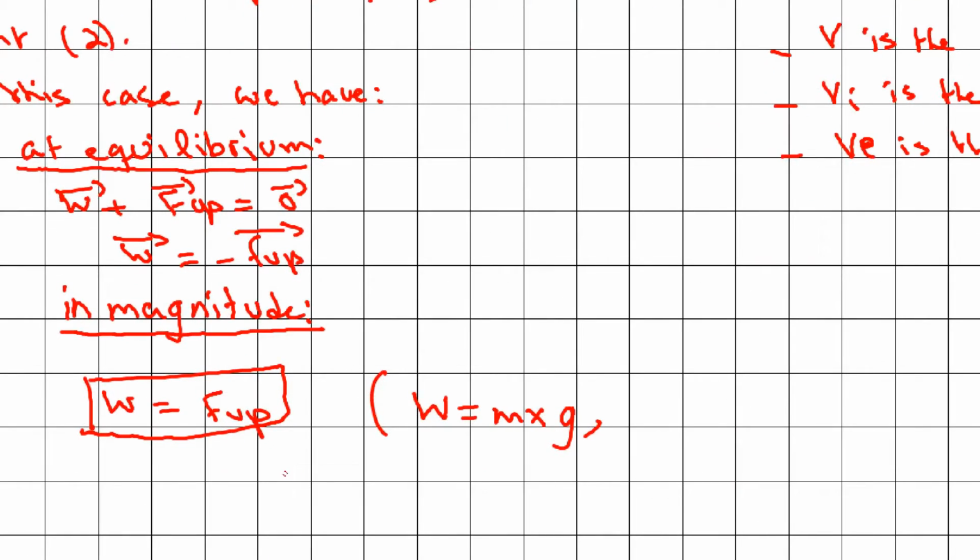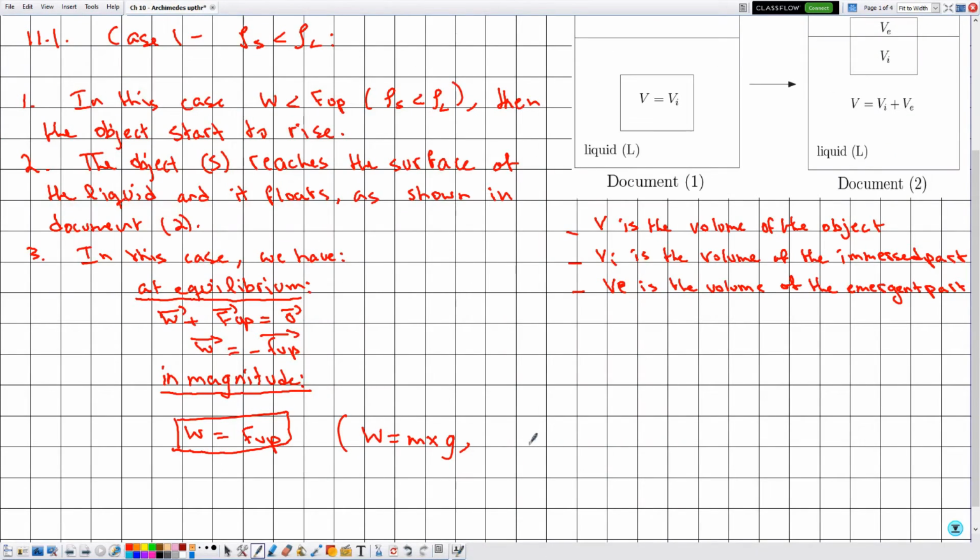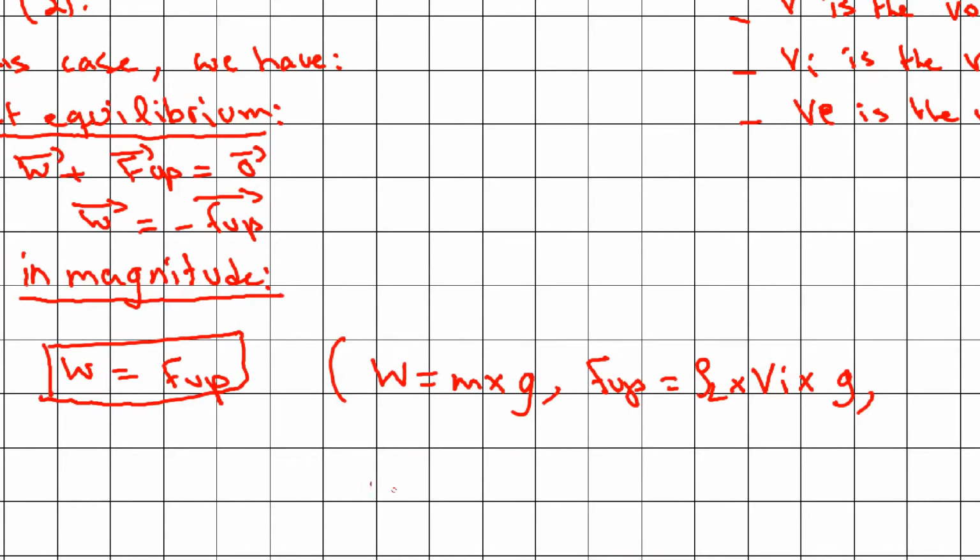So for example, if we have the mass and we are performing this experiment on Earth, we can determine the value of W. After determining the value of W, we can deduce the value of F upthrust, or we can say that F upthrust is given by the density of the liquid times V immersed times g. So for example, we can determine the magnitude of F upthrust using this formula.